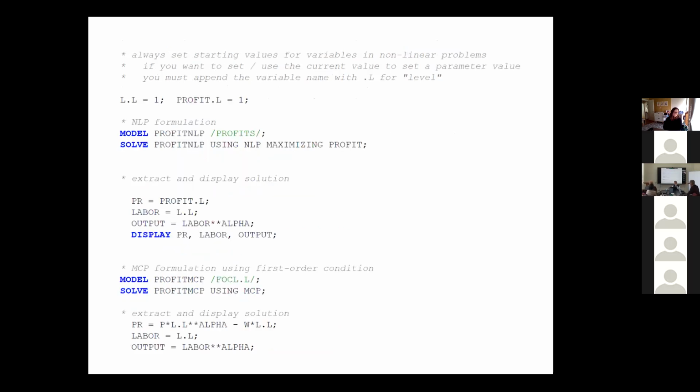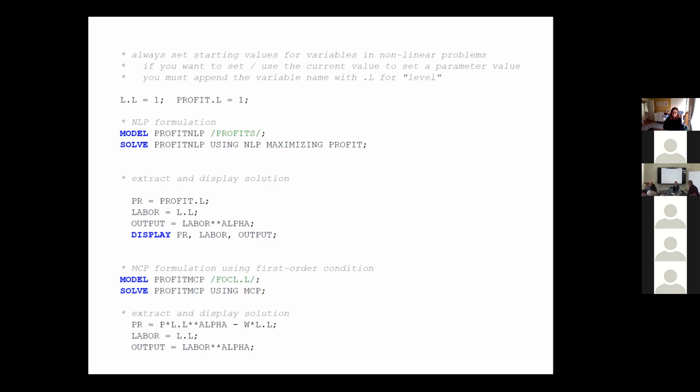We go to the next page, Jim. The procedural statement that relates to that declarative model is the one that says solve. It says, take the parameters I've given you, start from the starting point I've given you for the values, go out and solve that model. In this case, solve means using NLP, solve profit using NLP, maximizing profit.